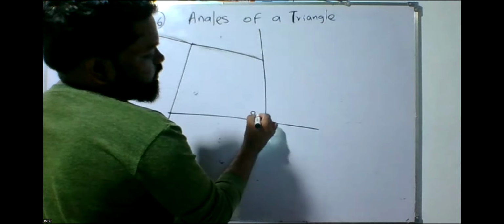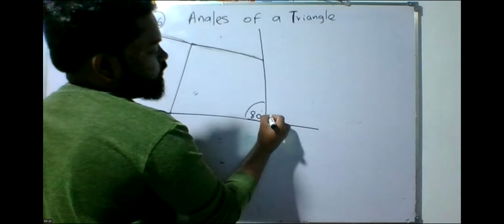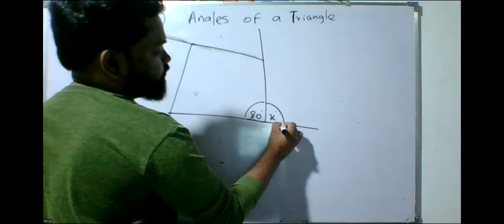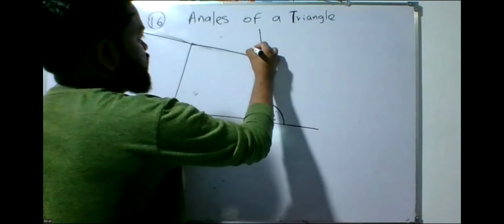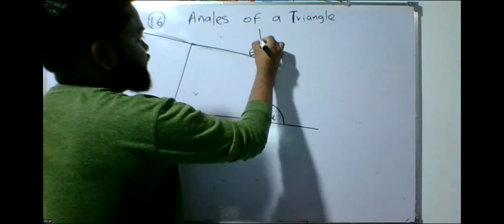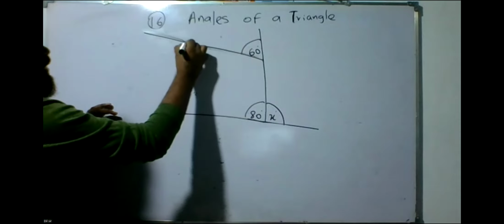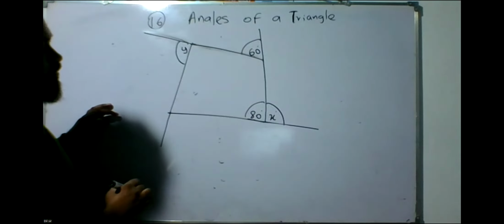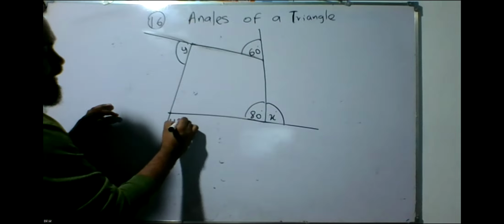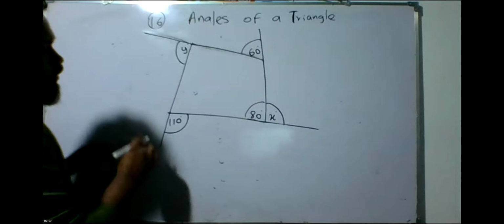This is 80. This one is X. 60. This is Y. 110. Right, the two letters are there.